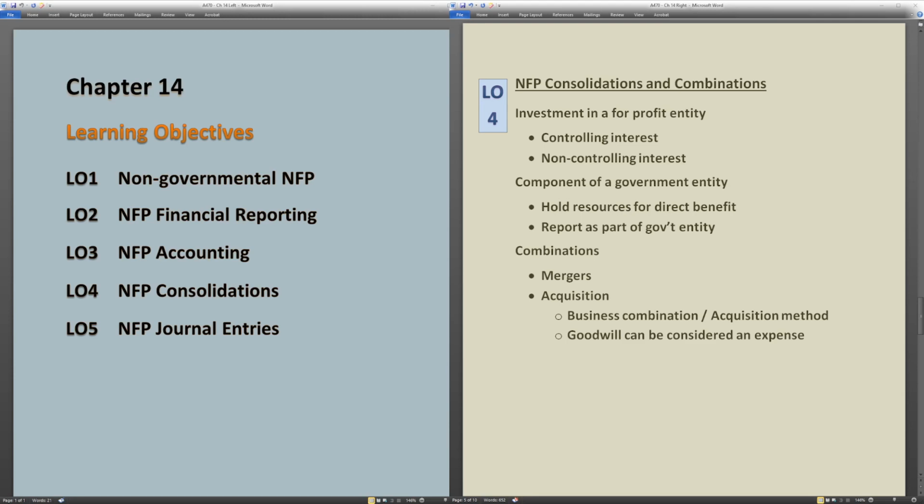That's the normal process. It is important to understand that it's not exactly the same. Sometimes goodwill would be considered an expense, and you may think, well, if you've overpaid for an entity, that goodwill has to be an asset. Think of it in this way. Remember, in a for-profit situation, once you have established goodwill, in other words, the amount that you overpaid, remember you have to test goodwill in future years.